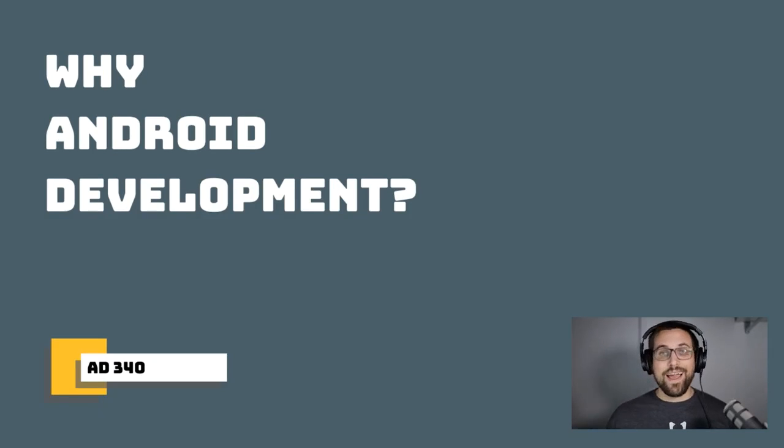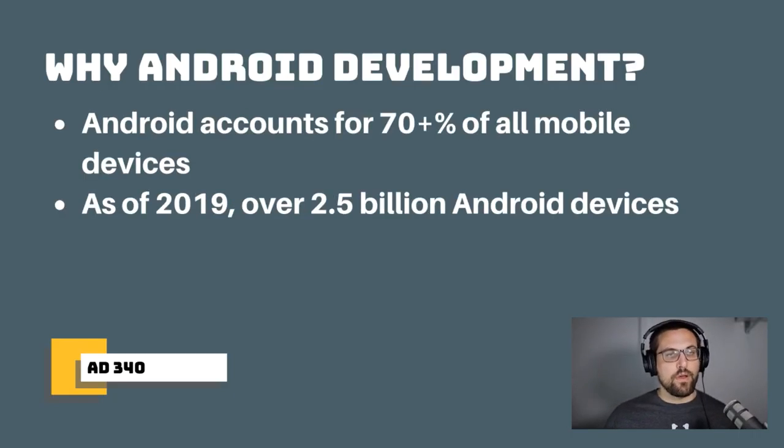So why then are we going to choose native Android development? Well, Android devices account for over 70% of all mobile devices in the world. I think it's something like 72% of all mobile devices are using the Android operating system.